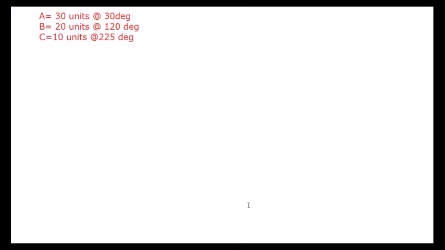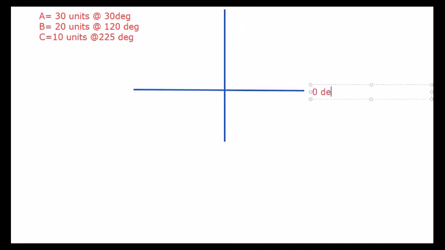So first of all, guys, if we consider this portion here, that is 0 degrees. In our Cartesian plane, this is 90. And finally, one complete turn is now 360 degrees.